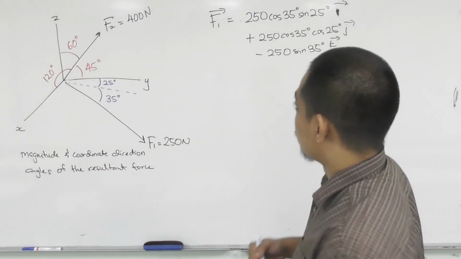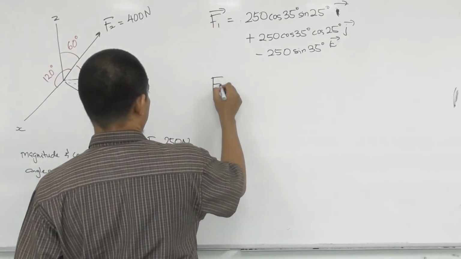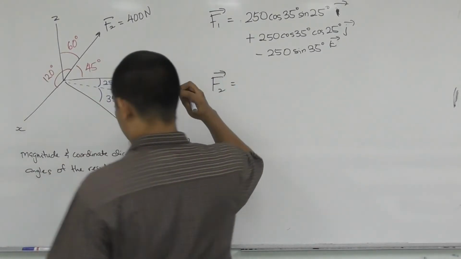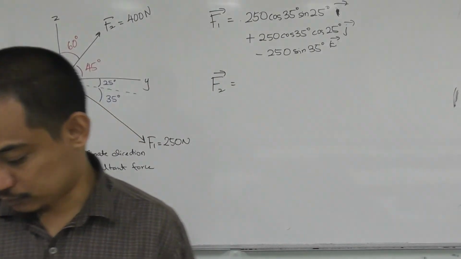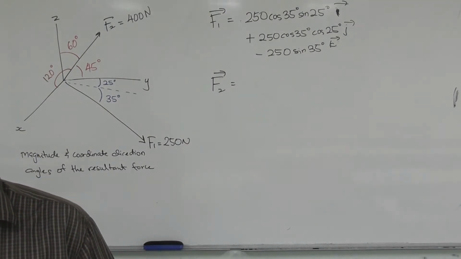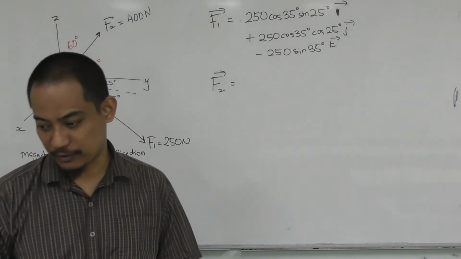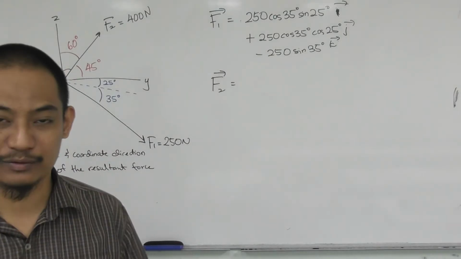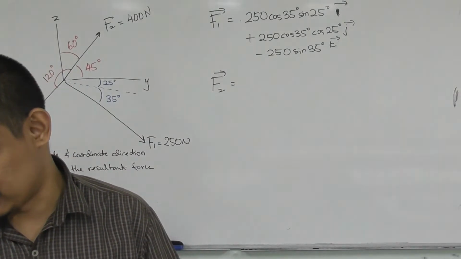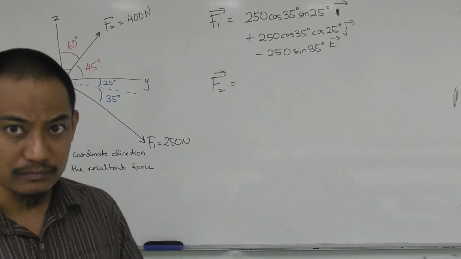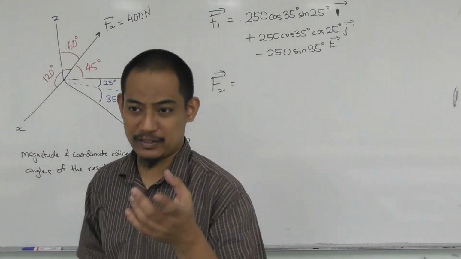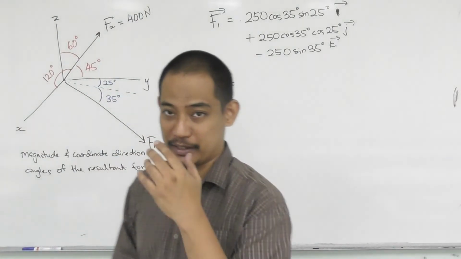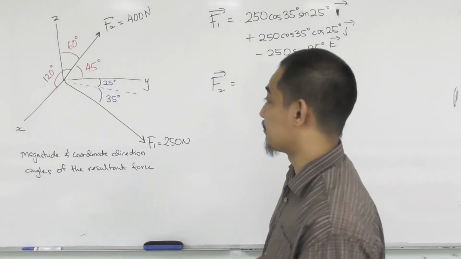Okay. So F2. You still remember how to get it if you have the coordinate direction angle? Hopefully you still remember it's basically cosine, right? Cosine alpha, cosine beta, and cosine gamma.